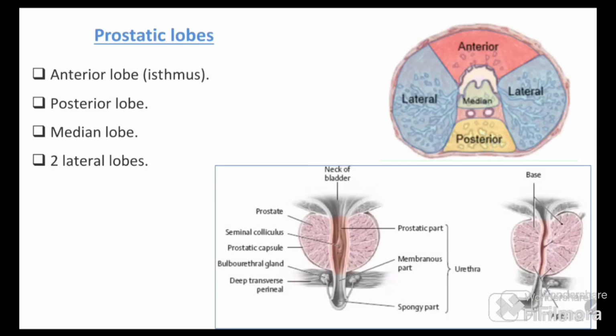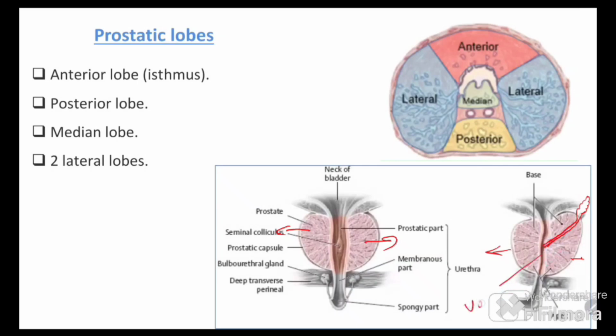Okay, so you are seeing the sagittal section. Here you are seeing the two lateral lobes of the prostate gland. This is the anterior, lateral view, anterior surface and the posterior surface. At the posterior surface, we have the seminal vesicles. The duct of the seminal vesicle traverses this prostate gland and finally opens into the prostatic urethra.